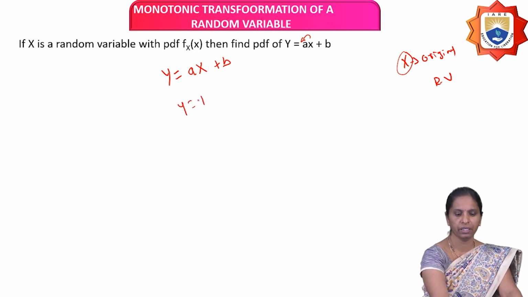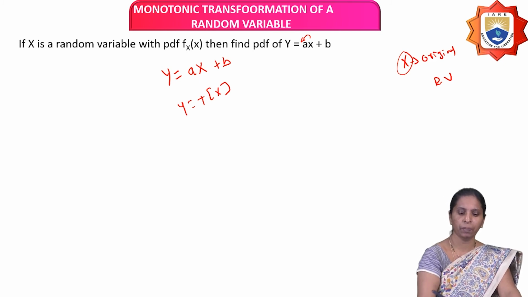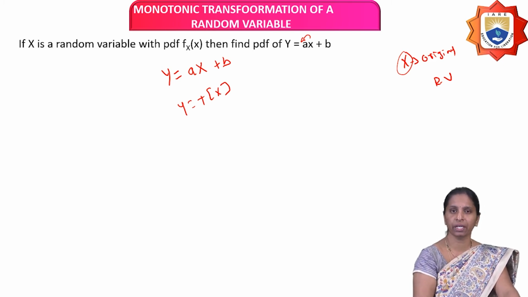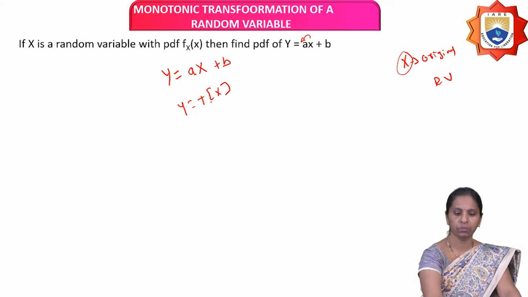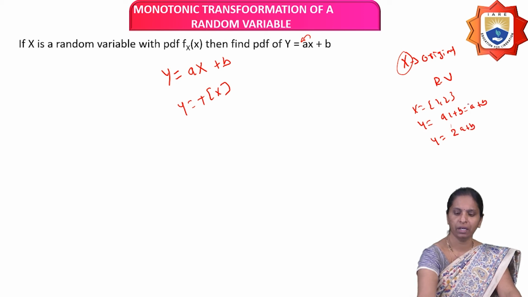So what is Y here? T of x. And what type of transformation is it, monotonic or non-monotonic? For that, take any x value, for example x equals 1, 2. Then Y equals a into 1 plus b, nothing but a plus b. And for value 2, 2a plus b, nothing but a single value.